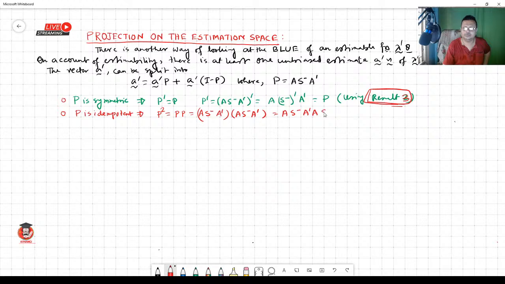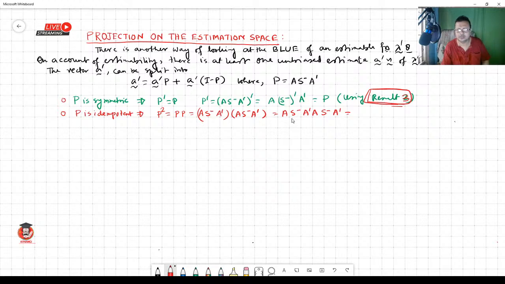So G inverse A prime, and using result 2, using result 3, result 3, or you can check this thing.